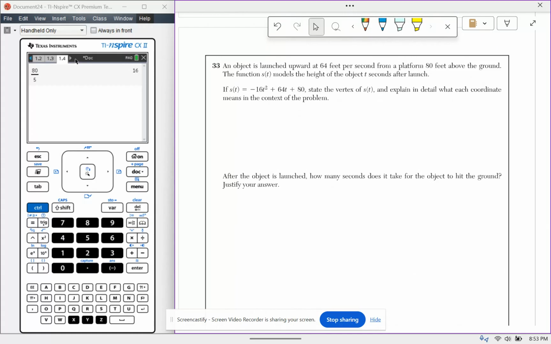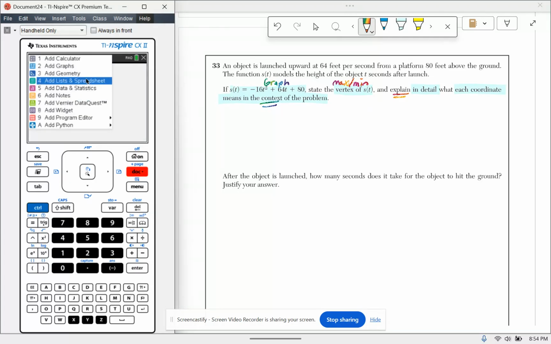If s of t equals this graph right here, state the vertex of s of t and explain in detail what each coordinate means in the context of the problem. Okay, so it looks like we're going to have to graph this thing. Then we're going to use graph trace to find the vertex, which is the max or the min. We have to determine it based on the graph. And then we have to explain in the context of the problem what the vertex means.